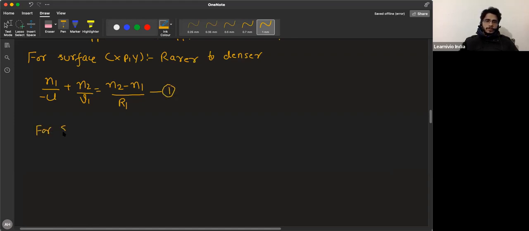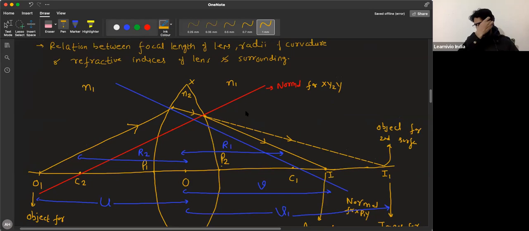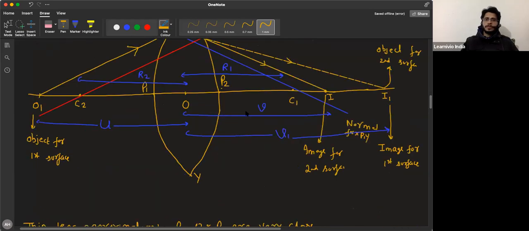For the second surface, for surface XP2Y, see, rays are moving from denser to rarer. So the refraction is from denser to rarer medium.